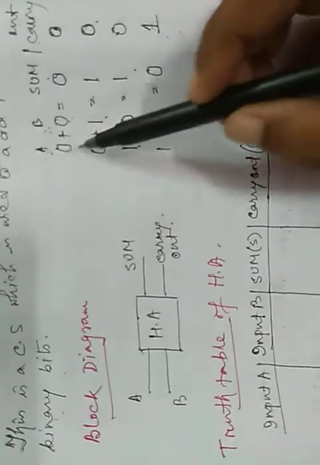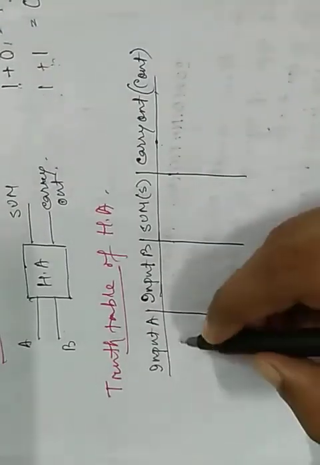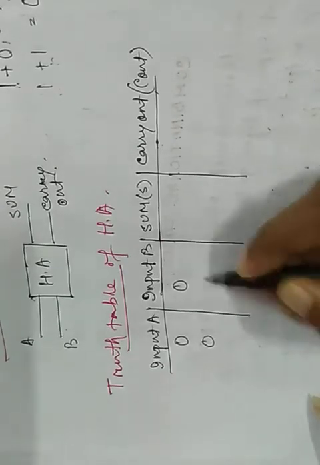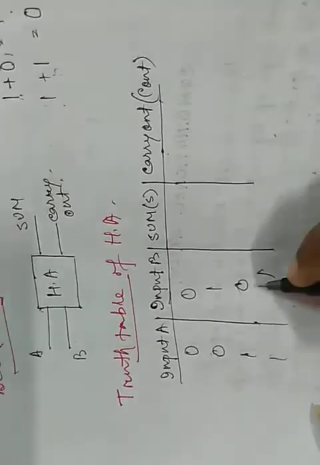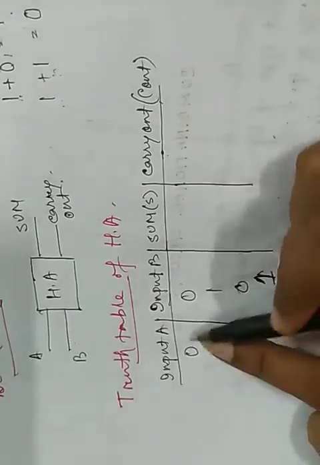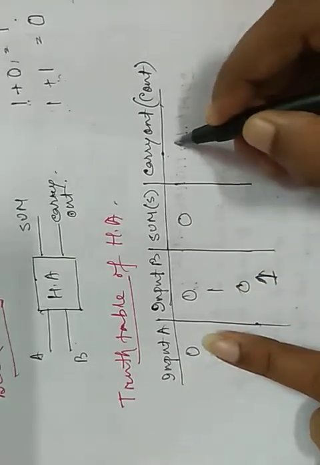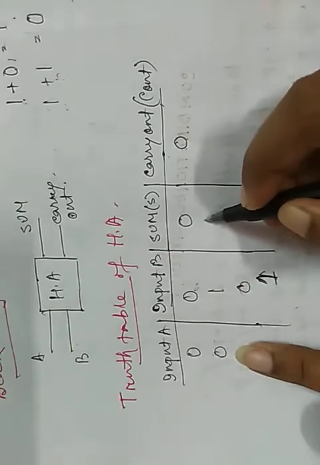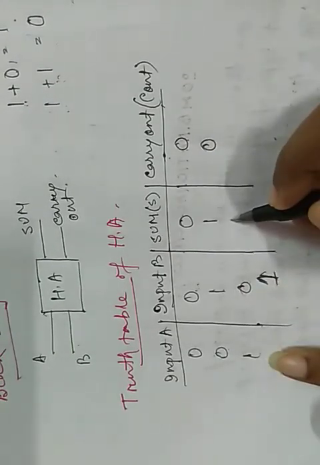So our input combinations, obviously for 2 bits, are 00, 01, 10, 11. Now whenever we add 2 bits: 0 0 means sum is 0, carry is 0. 0 1 means sum is 1, carry is 0. 1 0 means sum is 1, carry is 0. And 1 1 means sum is 0, carry is 1.